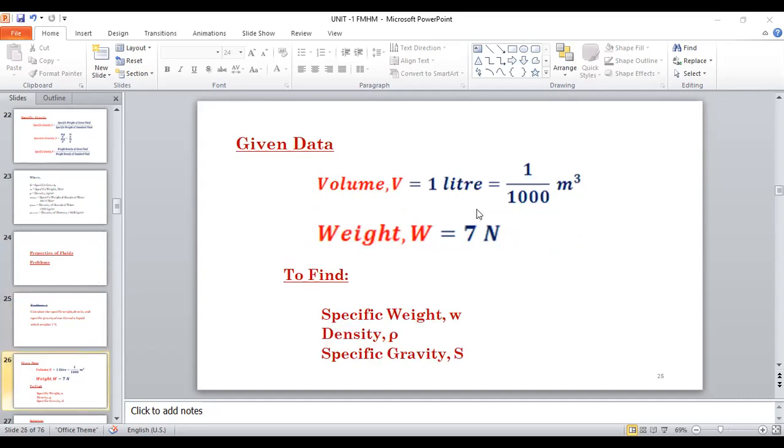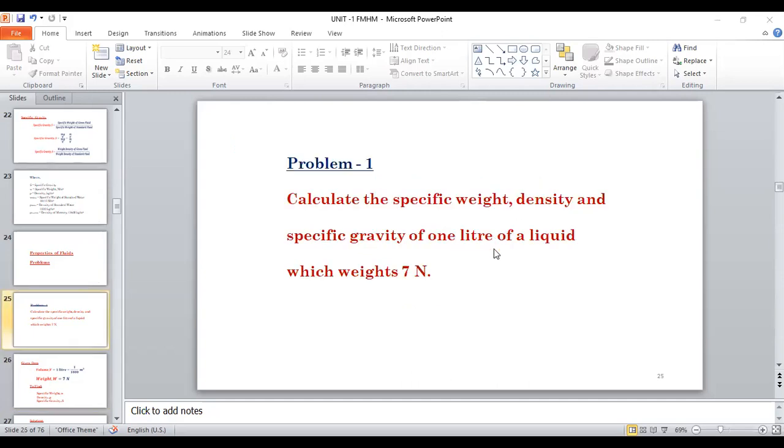We can fill 1,000 liters of water in a 1 meter cube volume. If you remember this, we can convert very easily.